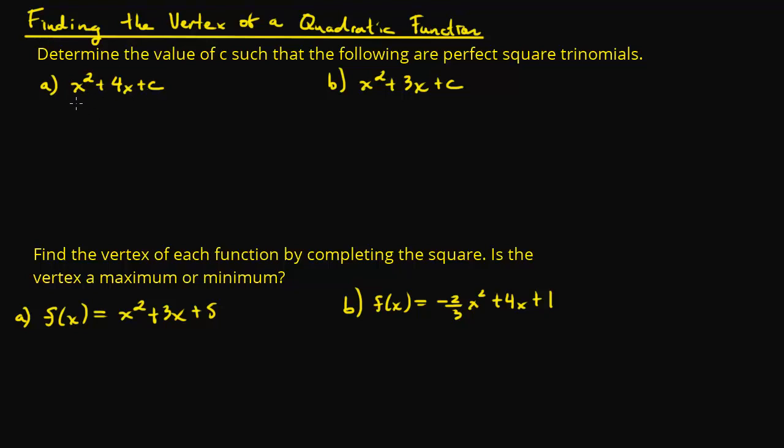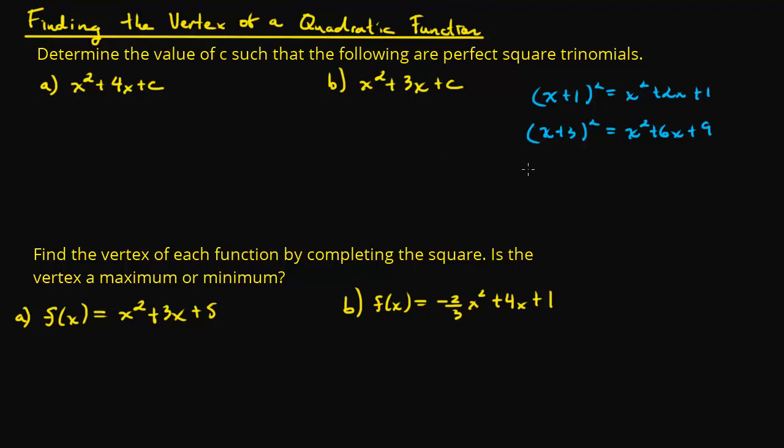And let's think about what value we need for c in order to get a perfect square. So if I expand, let's say, x plus 1 squared, then I get x squared plus 2x plus 1. If I expand x plus 3 squared, that's equal to x squared plus 6x plus 9.